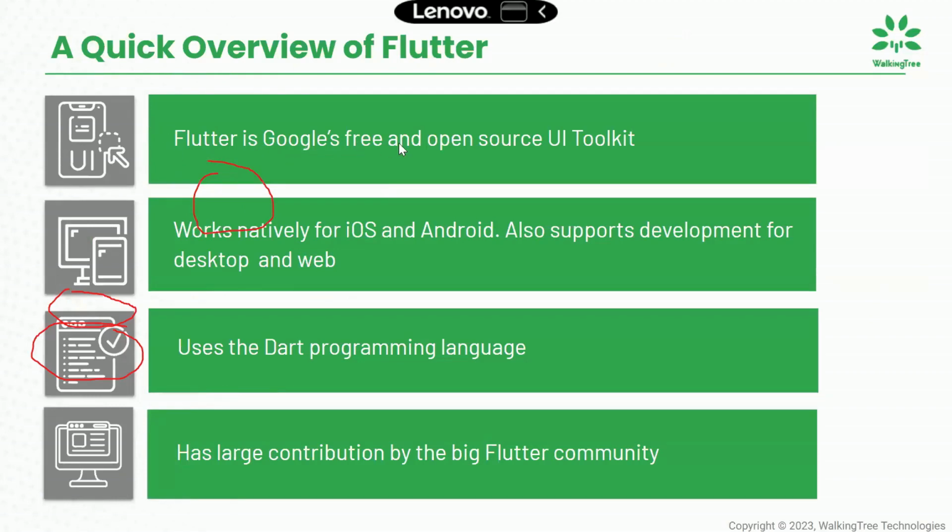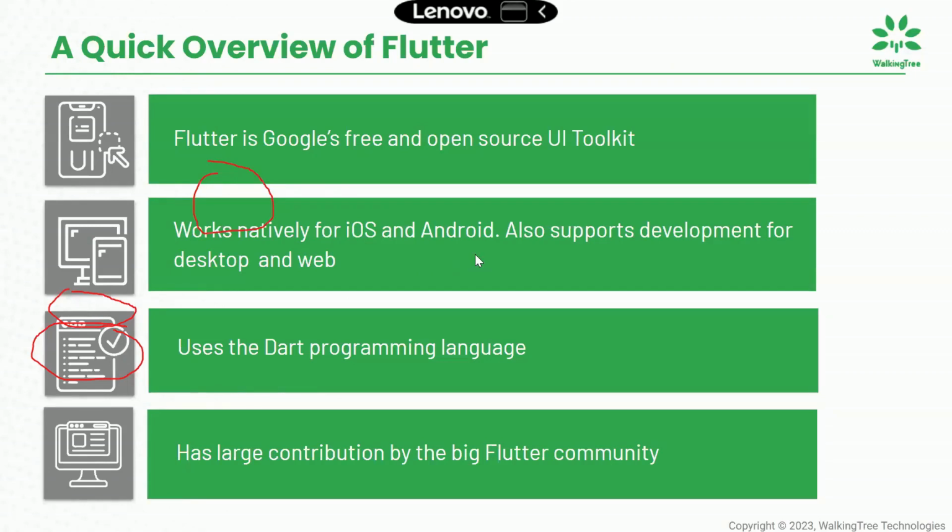Flutter is Google's free and open source UI toolkit that uses the Dart programming language. It uses the 2D Skia engine, which is actually being used by Android, Chrome, Firefox, and a few other platforms. This Skia engine is built on top of C++.